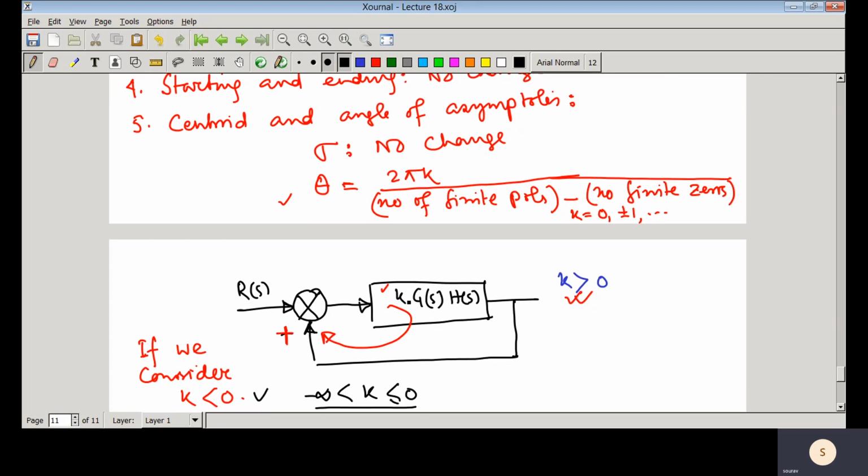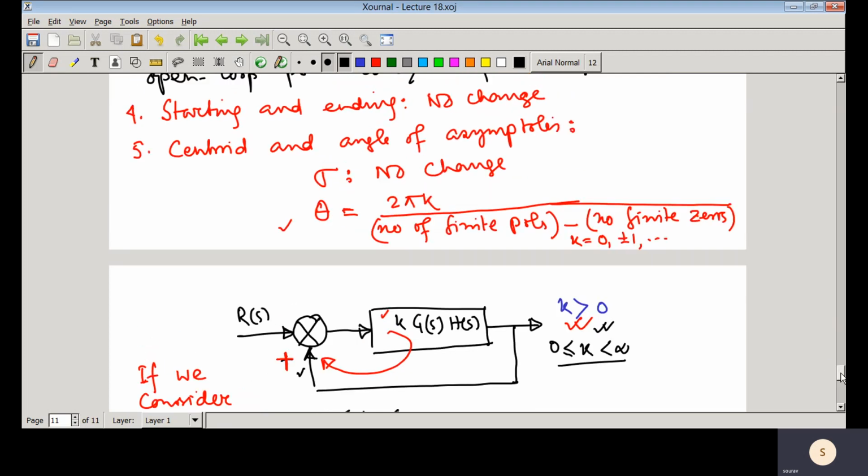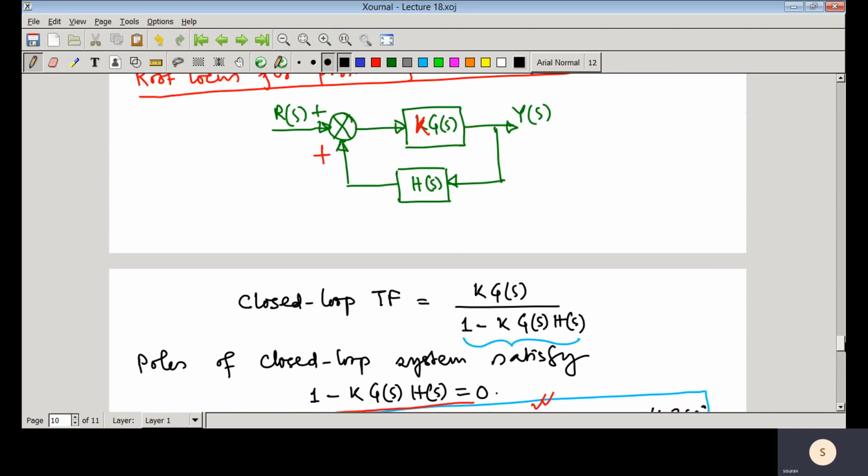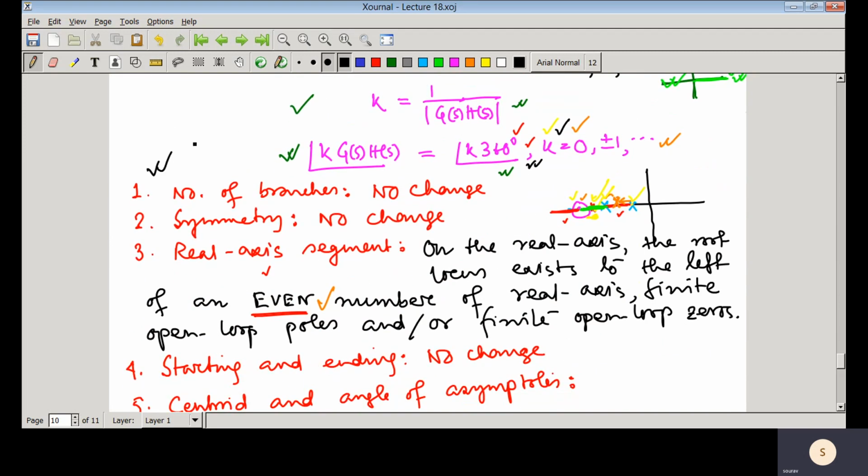In that case we can say that minus of k, or k, is varying in the positive range, that is 0 less than or equal to k less than infinity, with a negative sign, and if we bring that negative sign here, that would basically be positive feedback. And once it is positive feedback, we know what the root locus with positive feedback would be. That means we can apply the rules that we have discussed and draw the root locus. This is the concept we can apply.